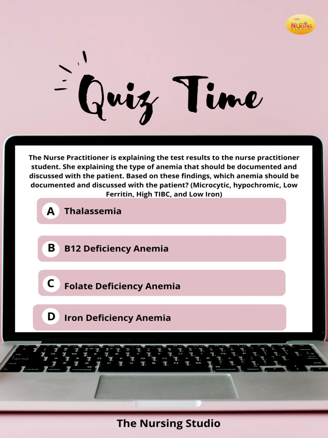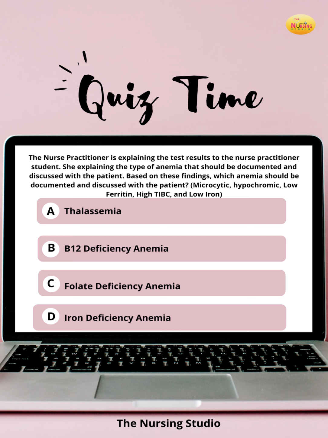Now, looking at, as I say, cytic versus chromic, that MCV and MCHC, because that's going to give you those values based off of the labs and how they fall in there. We have microcytic, macrocytic, normocytic, and we have hypochromic, normochromic, and hyperchromic, right?